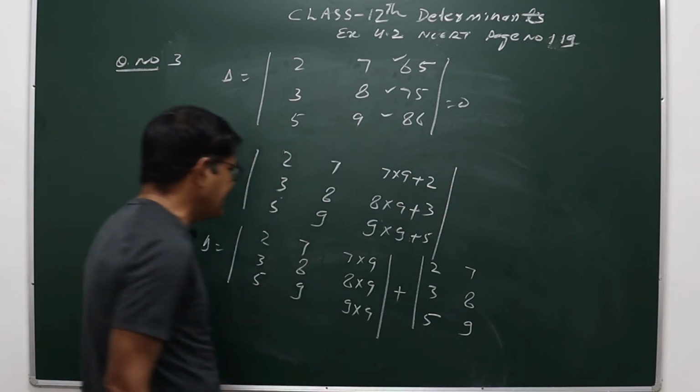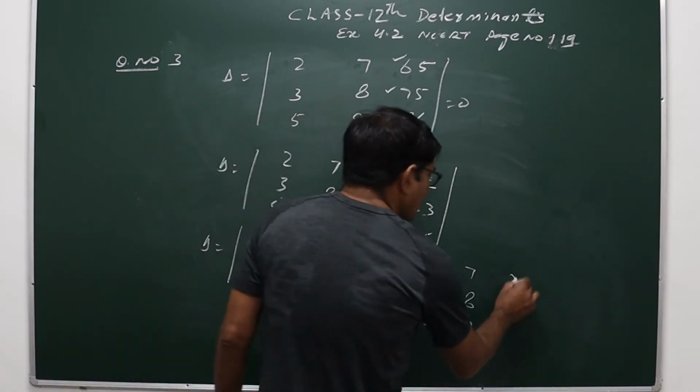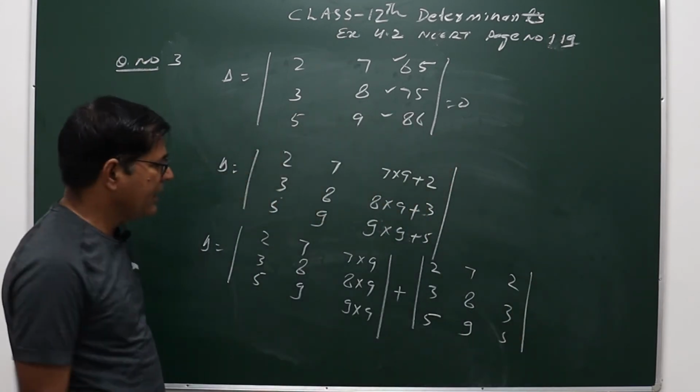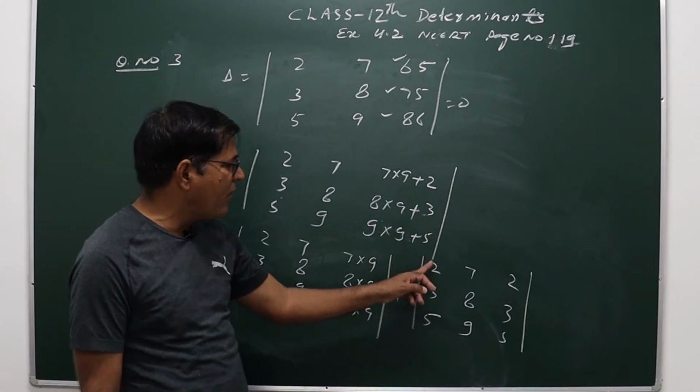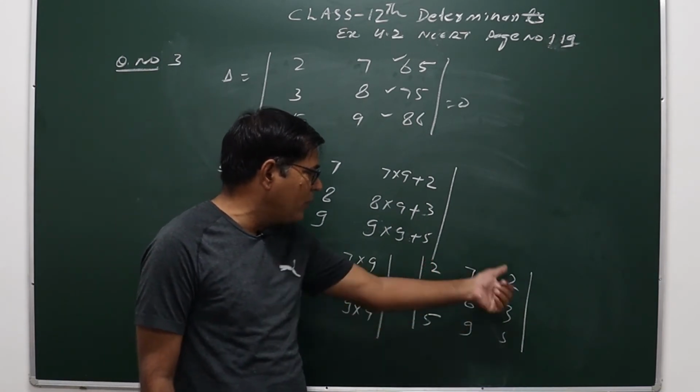So the first column and second column as it is, and the third column will be 2, 3, 5.